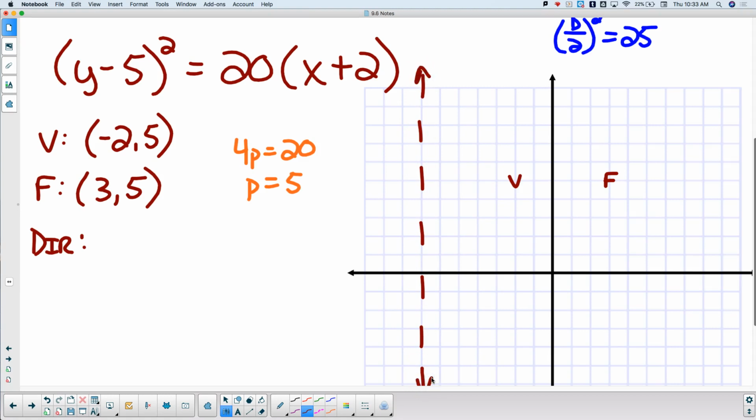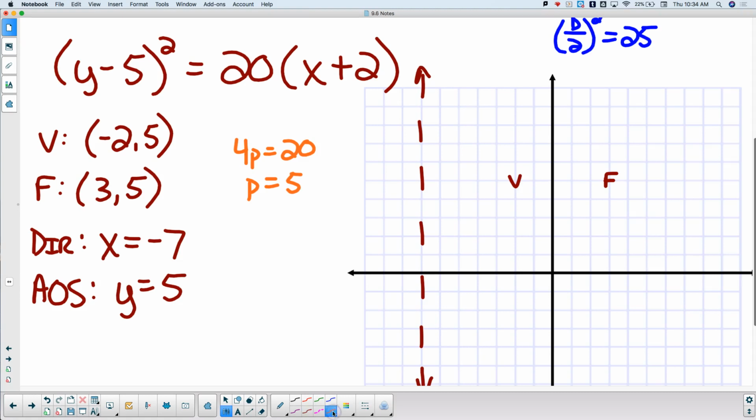So that is the equation x equals negative 7. My axis of symmetry would be y equals 5.